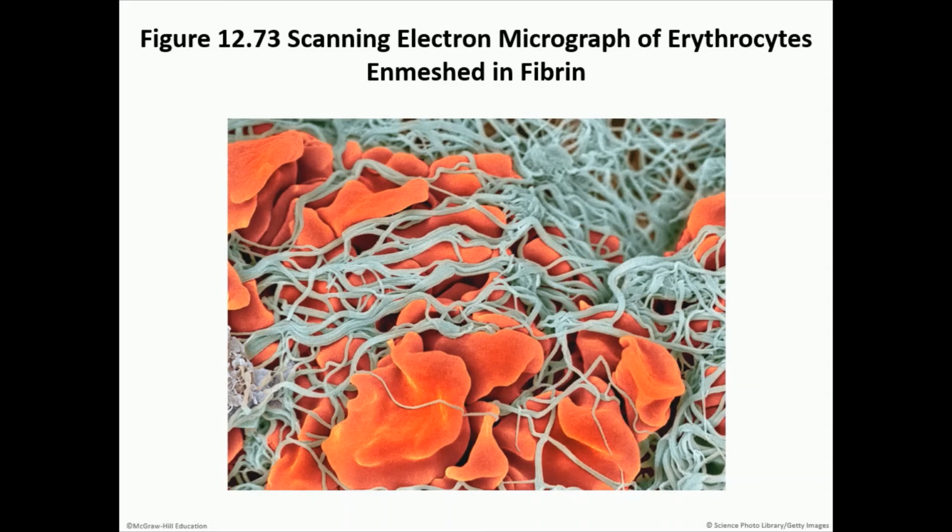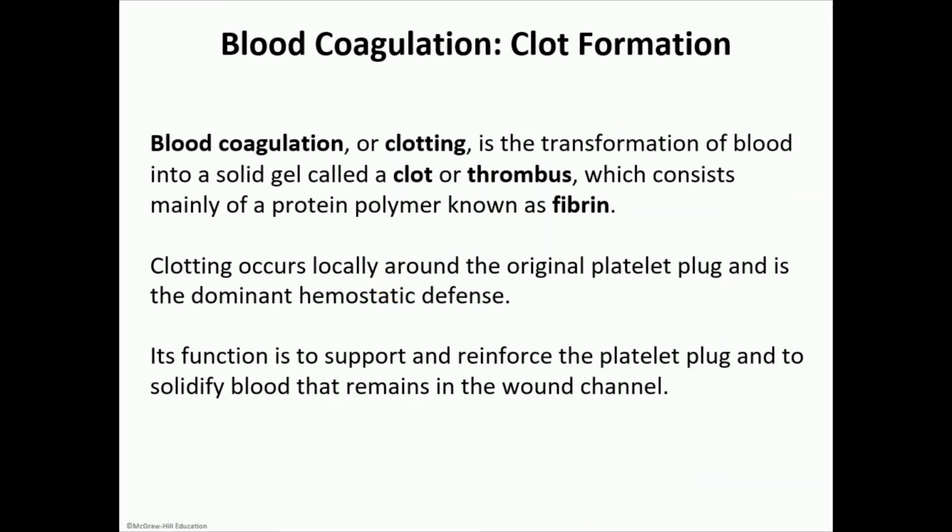and then that net is going to trap bigger cells like red blood cells and so on until it makes a blood clot. So your blood clot is just fibrin threads with blood cells, especially RBCs, that have been trapped by those fibrin threads. Know that we normally have fibrin in an inactive form known as fibrinogen.